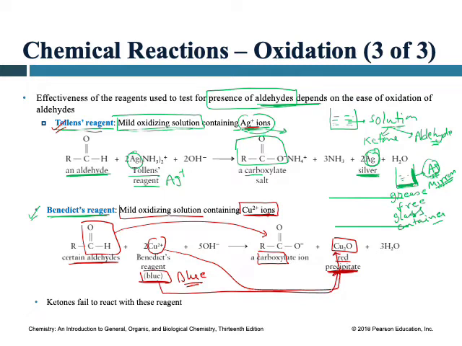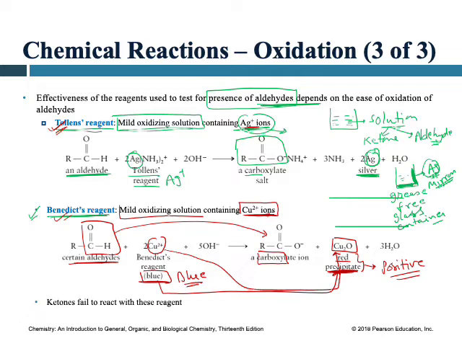In Tollens reagent you will get silver deposited on the glass container, so that it can be seen as a mirror, whereas in Benedict reagent the blue solution after the reaction is converted into a red precipitate, and this red precipitate is a positive sign that tells you have an aldehyde group in the given solution.